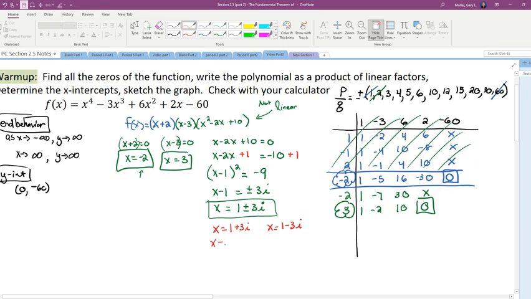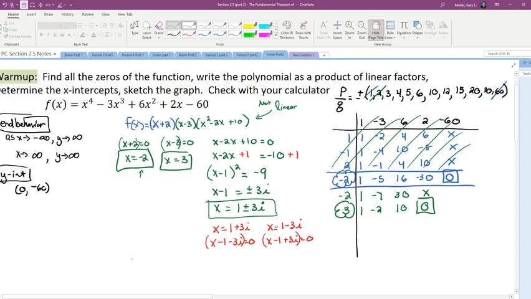I subtract 1, I subtract 3i. There is my linear factor. So I subtract 1 and add 3i, and then there's my fourth linear factor.